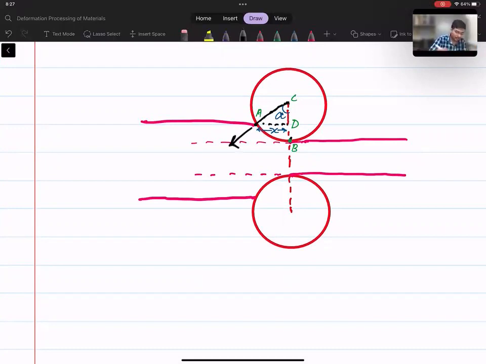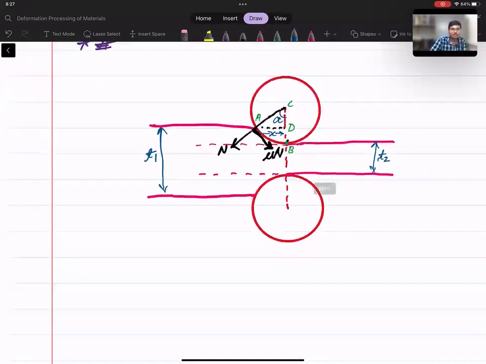Okay, and there will be frictional force in this direction. So this is a normal, and we know that if we multiply the normal with the coefficient of friction, we get the frictional force. So in this direction, frictional force will be acting. And suppose the initial thickness was T1, this is T1, and the final thickness is T2. Okay. So we will derive everything based on this particular schematic only.